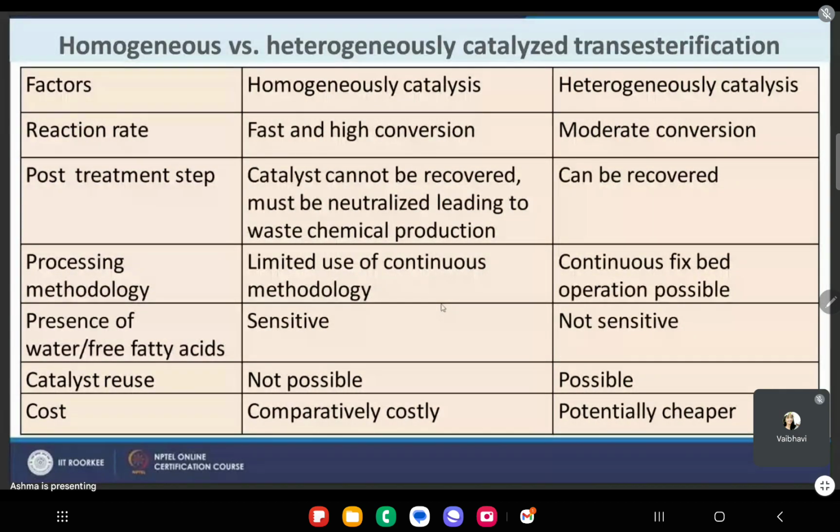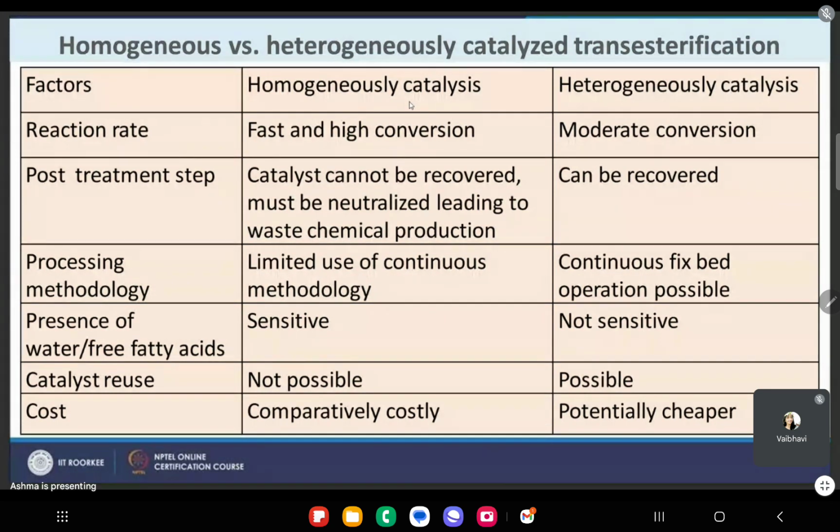Next is comparison between heterogeneous and homogeneous catalyzed transesterification. If we are using homogeneous catalyst, then the reaction rate is fast and the conversion is high. But in heterogeneous catalyst, the conversion rate is moderate.